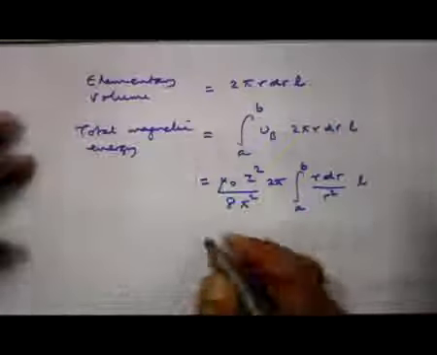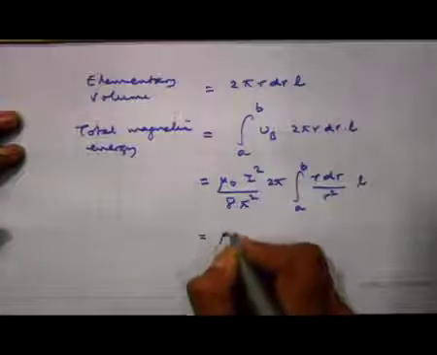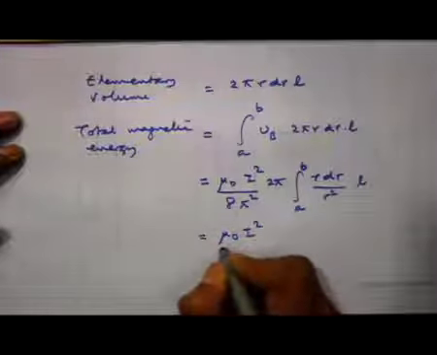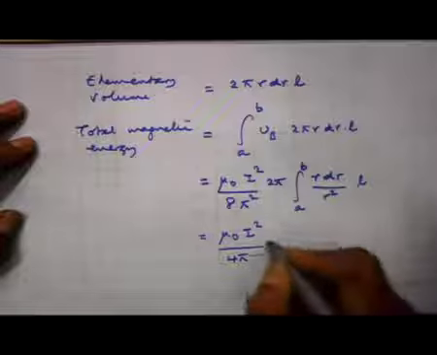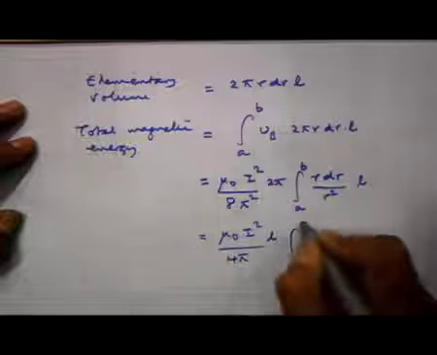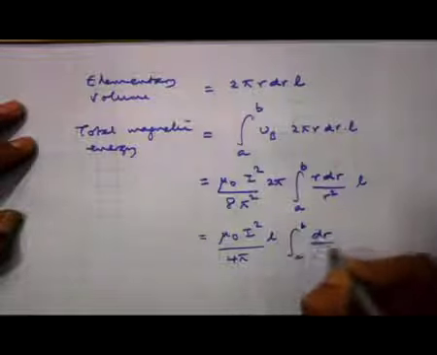So, this is equal to mu naught I square by 4 pi L integral A to B dr by r.